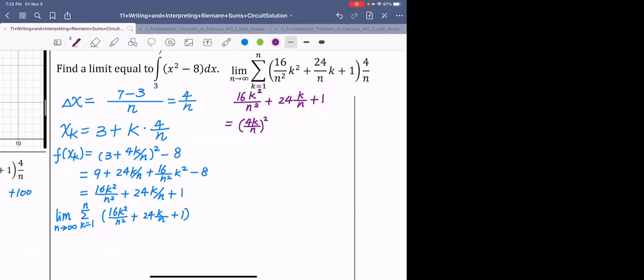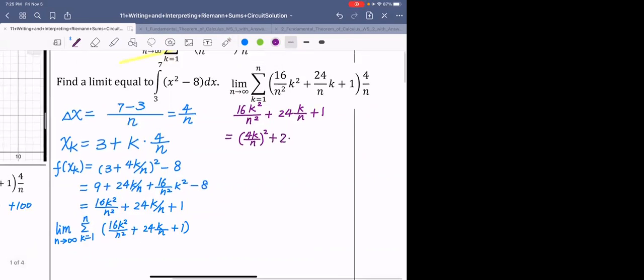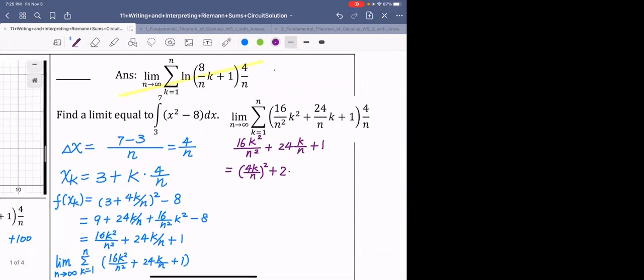Correct. And then plus 2 times. Remember, we use this formula starting from order 1. So the first guy, we're looking for the completed square format.